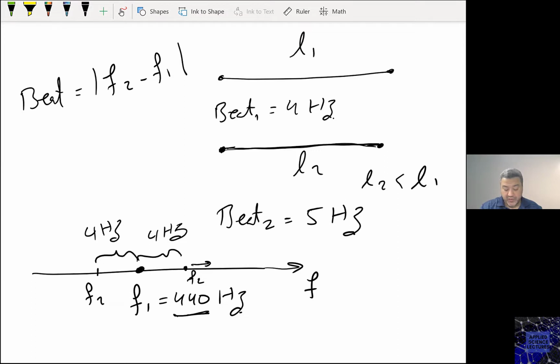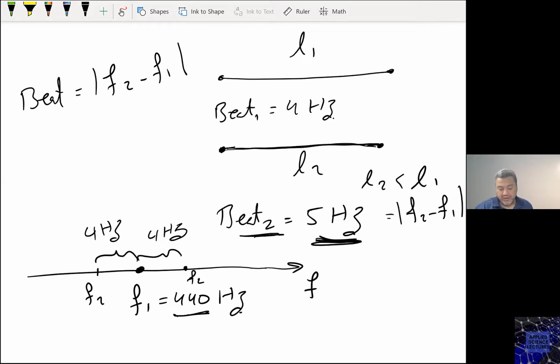Because the difference now increased, as this equals F2 minus F1. So we have two options to have the beat going to 5 hertz. Either F2 increased in the frequency or F2 decreased in the frequency.